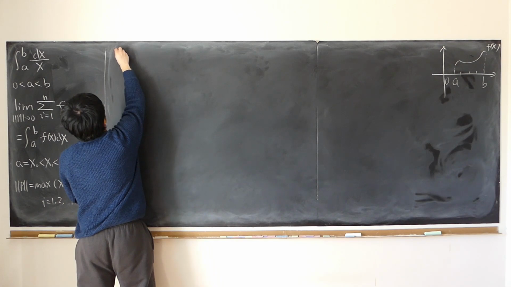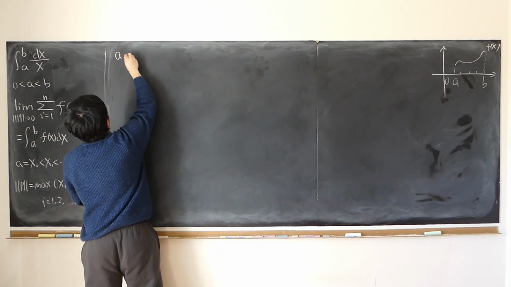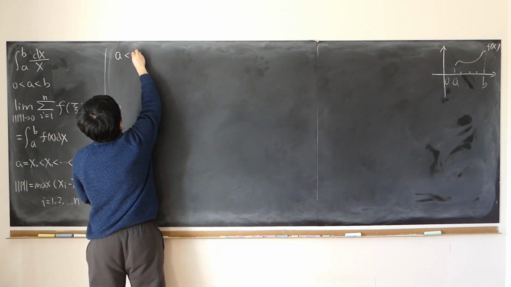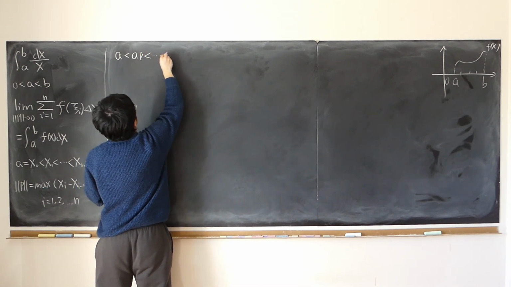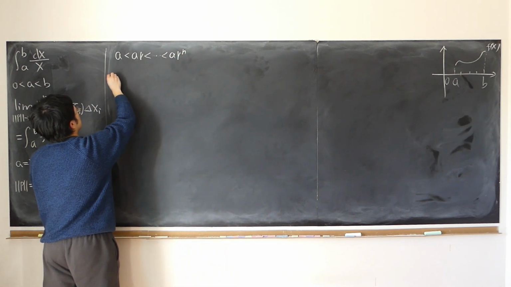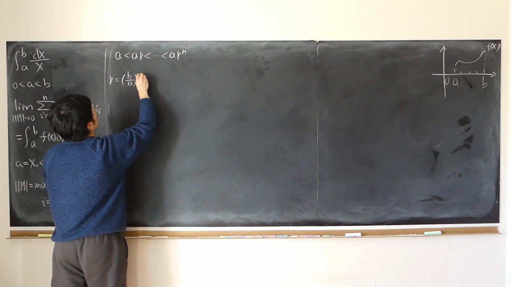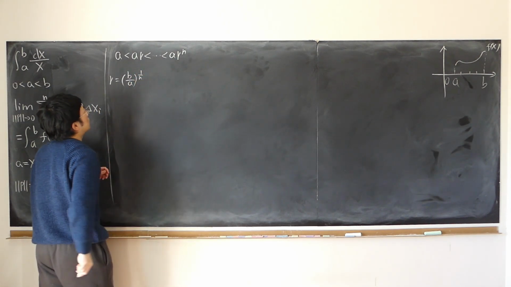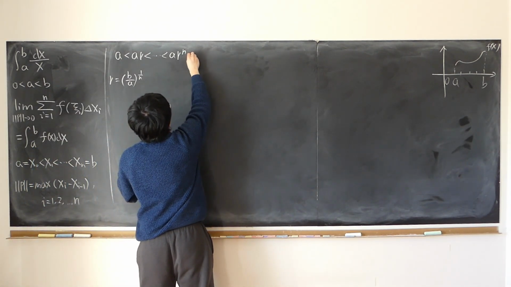So in this case, I'm going to use x: a is less than a times r, which is less than ... a times r to the power of n, where r is (b over a) to the power of 1 over n.